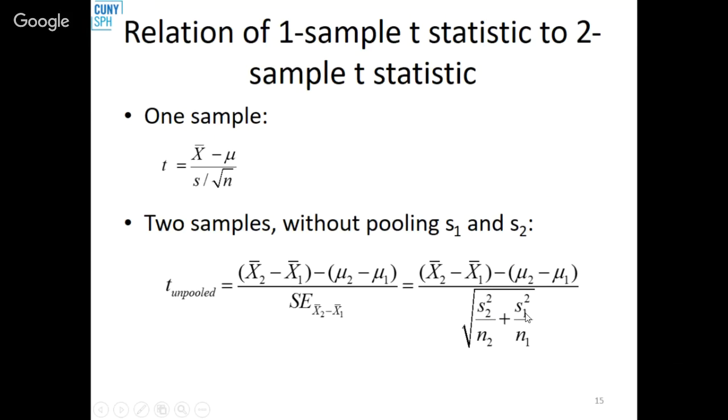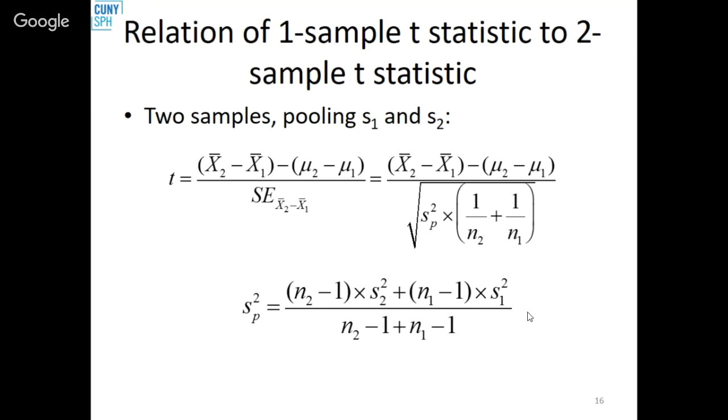So this is in fact using both standard deviations, not pooling. It is also possible to do it with pooling, and in this case, the denominator has this pooled standard deviation. So instead of having an S1 squared over N1 and an S2 squared over N2, it just has this pooled standard deviation, and there's a formula for calculating it.